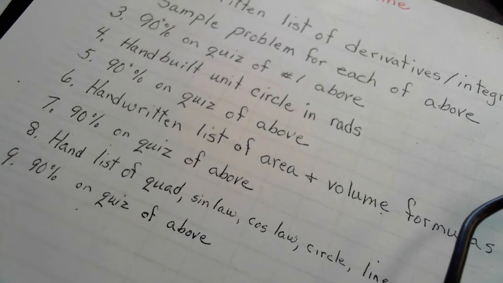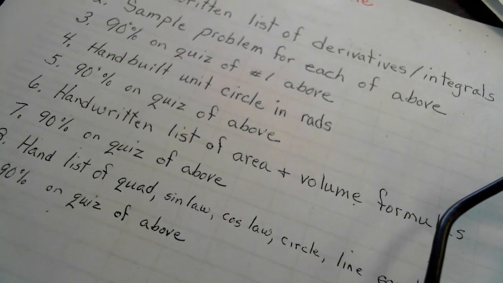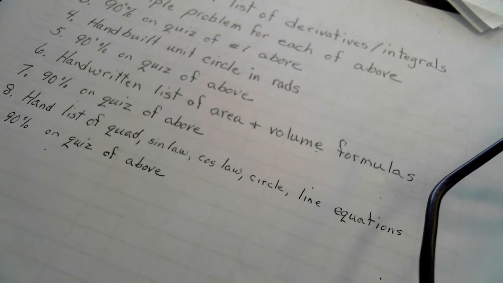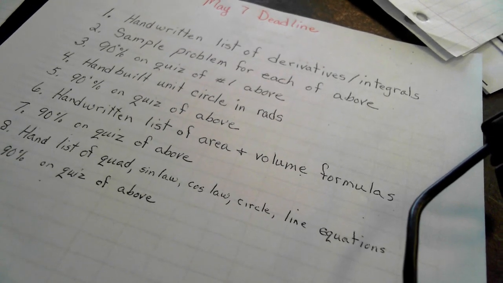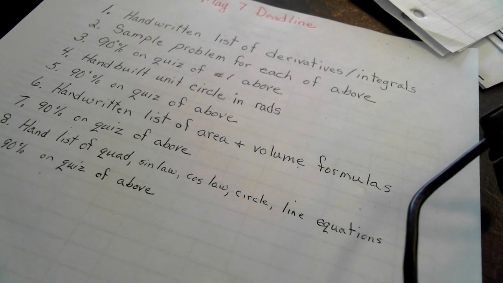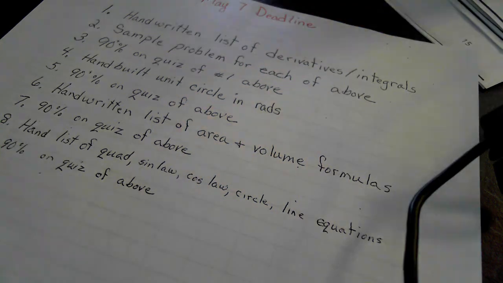So that brings me, I think, through number 7. Then she's working on another list of formulas that I think are helpful for your test. We're not quite finished with that, but in a couple days we'll have that for you.